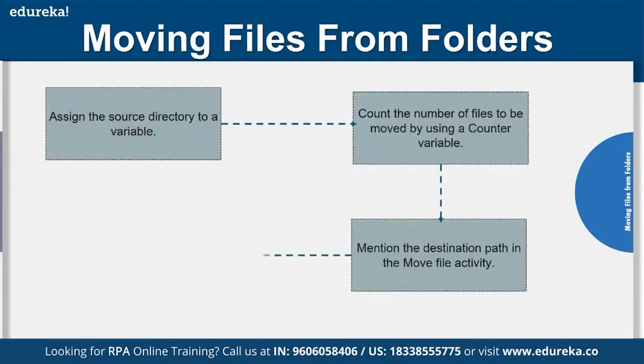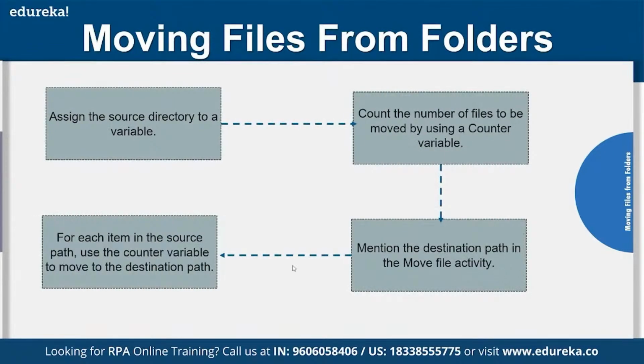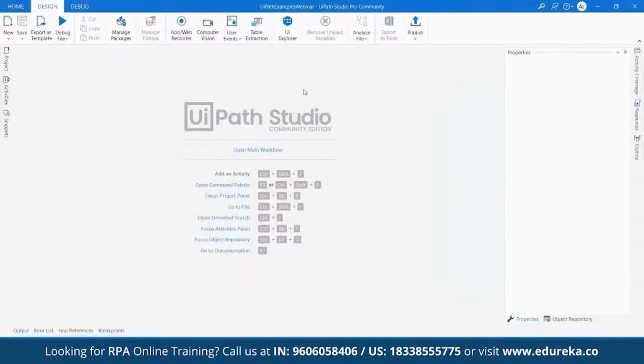And to do that, we have to do these activities. Assign the source directory to a variable. We have to get the path of the source directory into a variable. We have to get the number of files that you have, mention the destination path, and we have to use loops to move the files from one folder to the other folder.